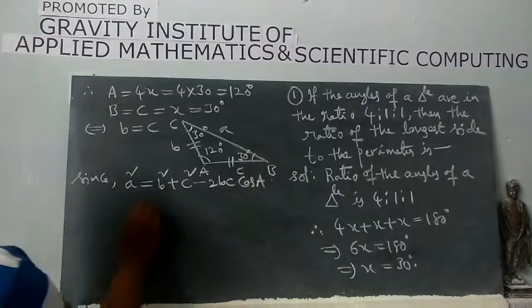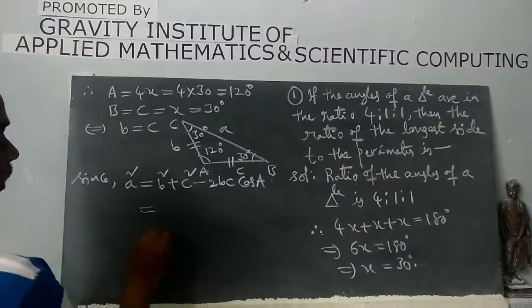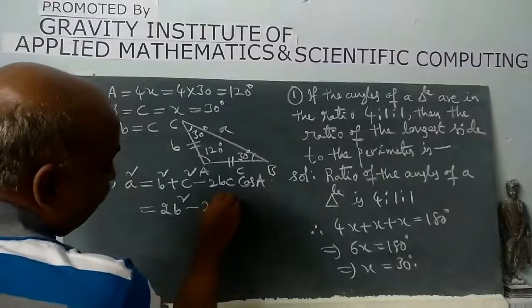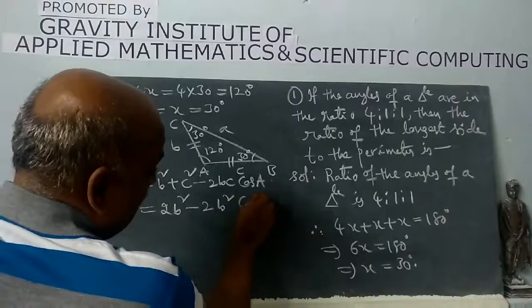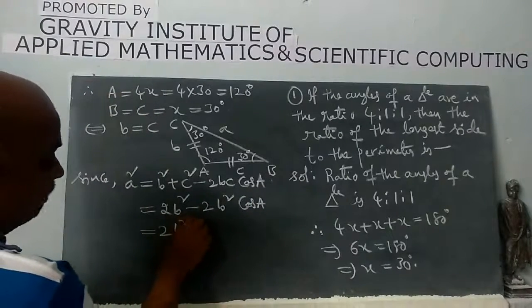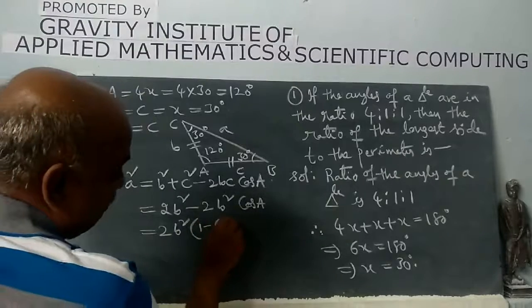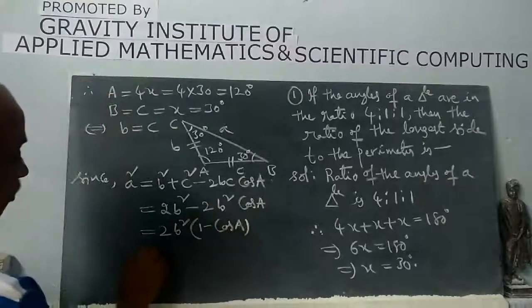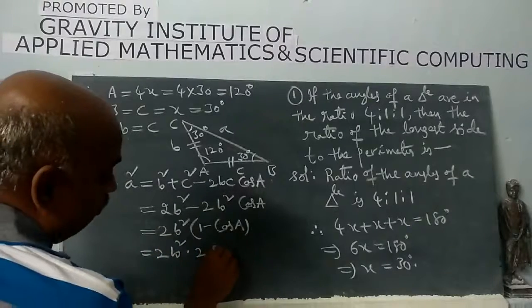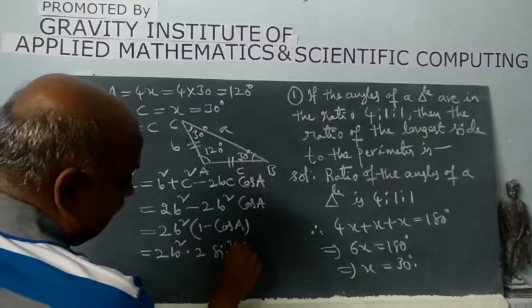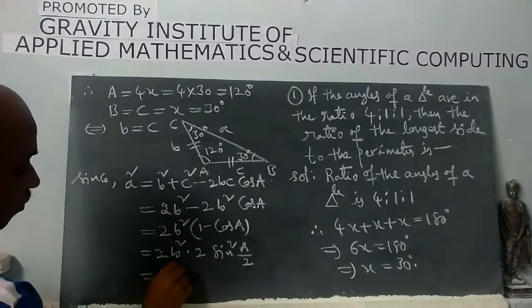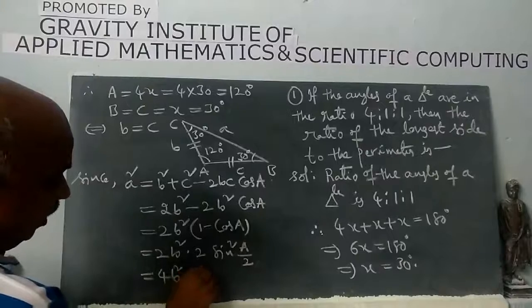In this b equal to c, substituting, so 2b square minus 2b square into cos A. This is equal to 2b square is common, 1 minus cos A, which is equal to 2b square into 2 sin square A by 2. This is equal to 4b square sin square A by 2.